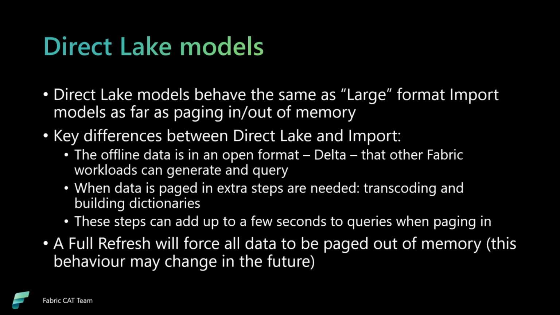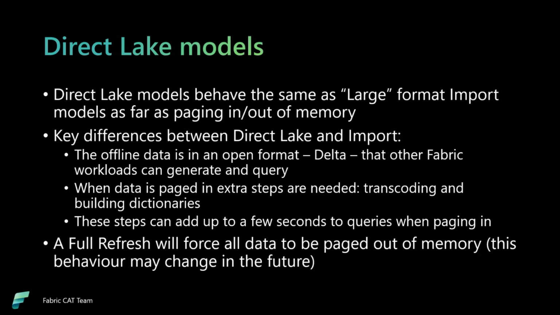Well, yes, but Direct Lake models basically do the same thing as import mode models. They get paged in and out on a segment by segment basis in exactly the same way. So what is the difference between Direct Lake mode and import mode? Not much as far as memory usage goes.